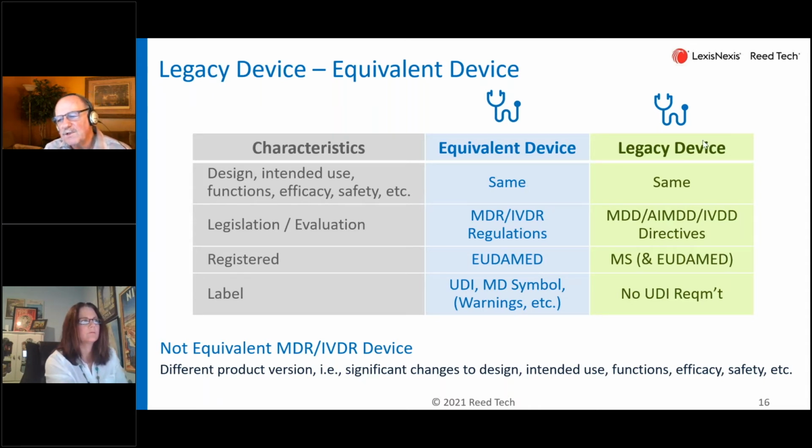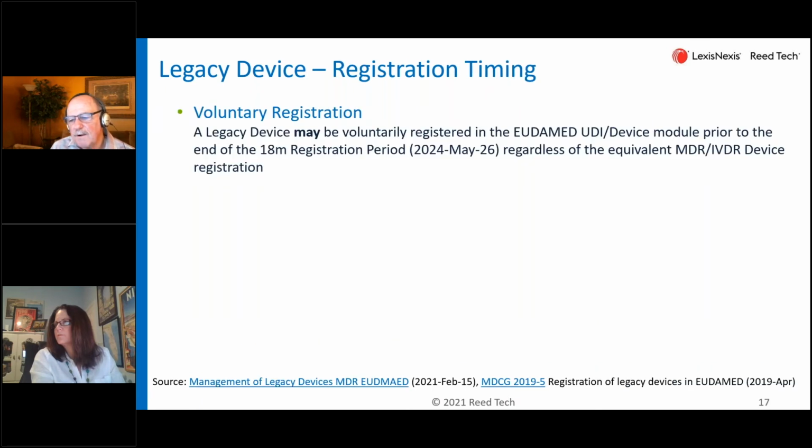So with an equivalent device, you can perhaps reuse a lot of your existing documentation. If you have a new device, now you have to consider what the new design change is, and develop safety data and effectiveness data and functionality data for that particular change. So that's the subtle differences there.